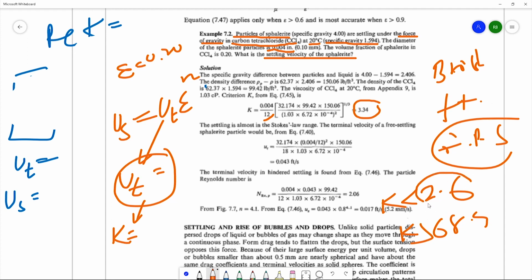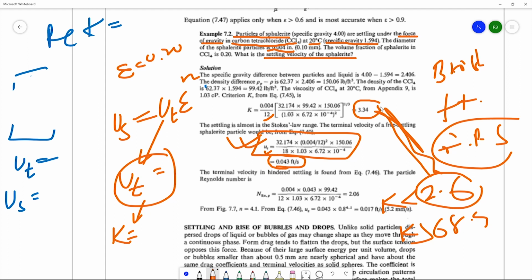If you can see, the k value is almost close to 2.6, right? So if it is almost close to the Stokes flow regime, then you can use the terminal velocity formula for the Stokes regime. So use that and find out the terminal velocity. So it is found to be like this.